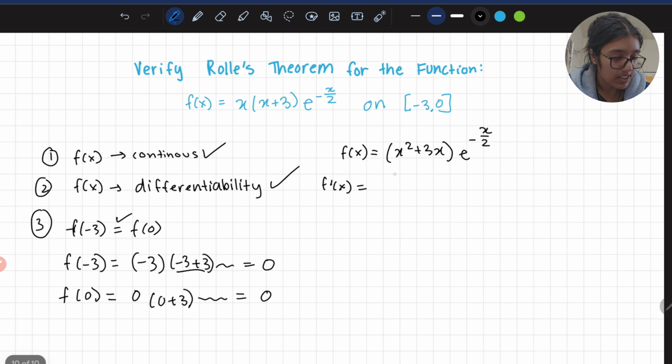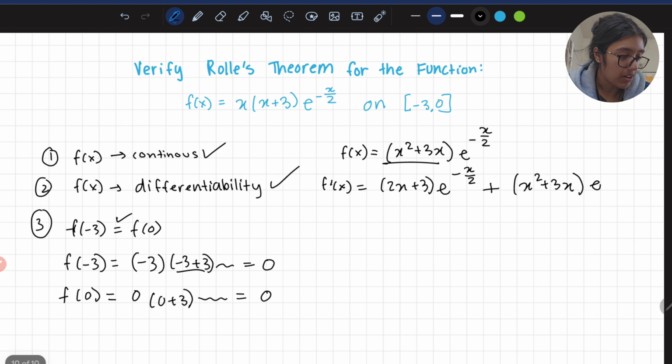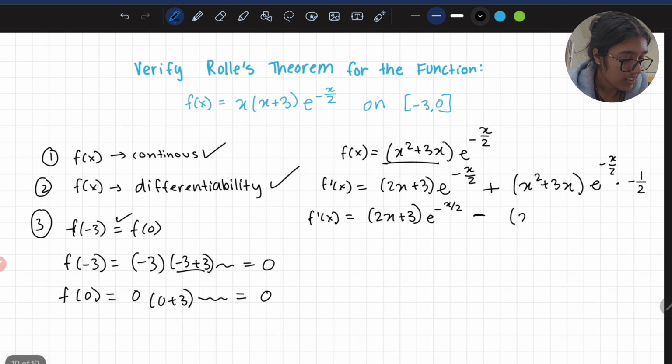So first, I'm going to take the derivative of that. So 2x plus 3 e to the power minus x over 2 plus x squared plus 3x e to the power minus x over 2, chain rule, -1 over 2. Simplifying this, we get 2x plus 3 e to the power minus x over 2 minus x squared plus 3x.